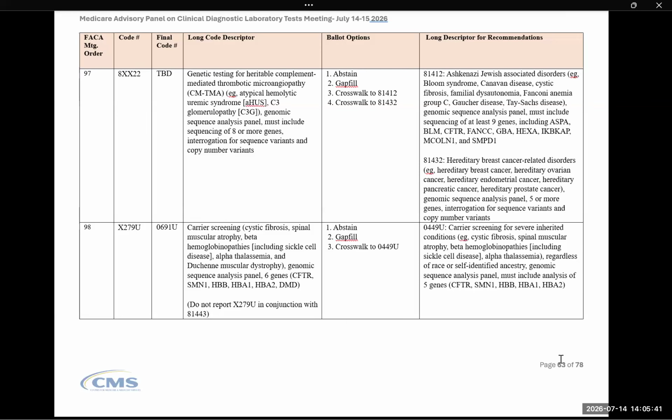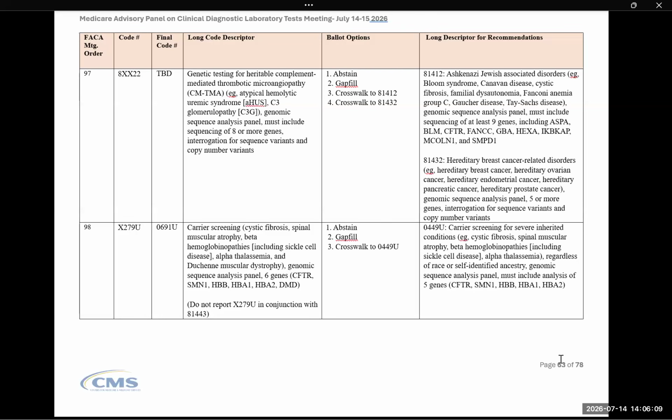For pricing, the recommended ballot option is a crosswalk to category 1 code 81432. For the same reason as the previous panel, 81432 is a multi-gene germline sequencing panel with combined sequence variant and copy number analysis, which matches the methodology and resource use of 8XX22, including the added burden of structural analysis at the complement locus.